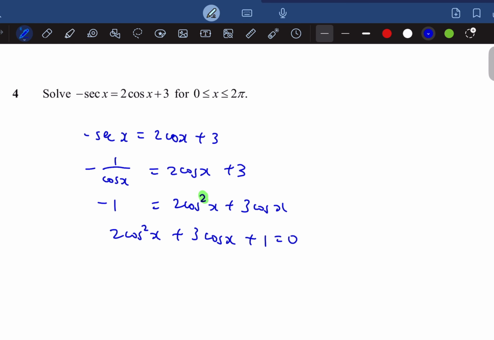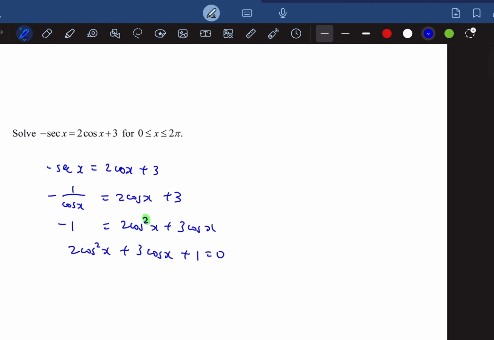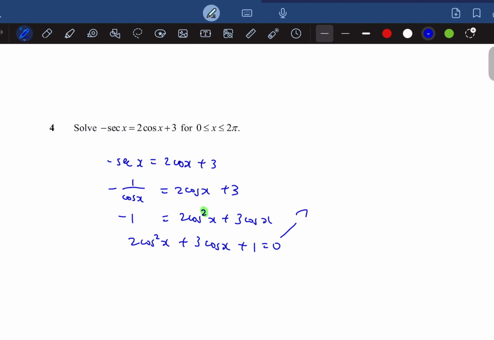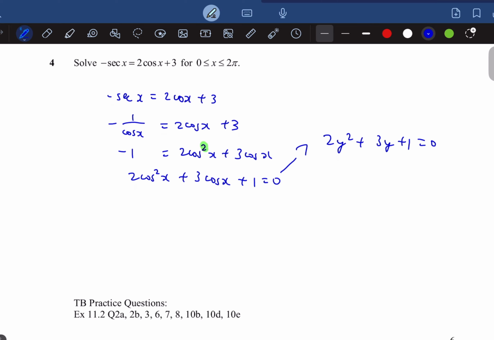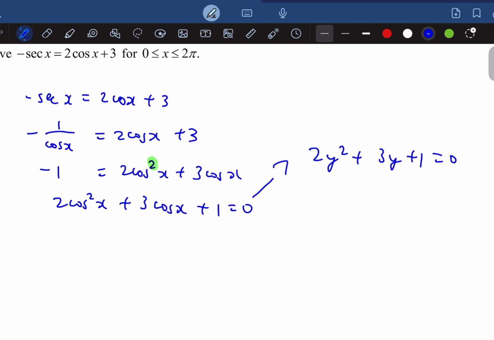Then this will be like our quadratic equation, okay, which is very similar to 2y squared plus 3y plus 1 equals to 0. So we can solve accordingly. Then from here I factorize. So 2 cosine x plus 1, cosine x plus 1 equals to 0.